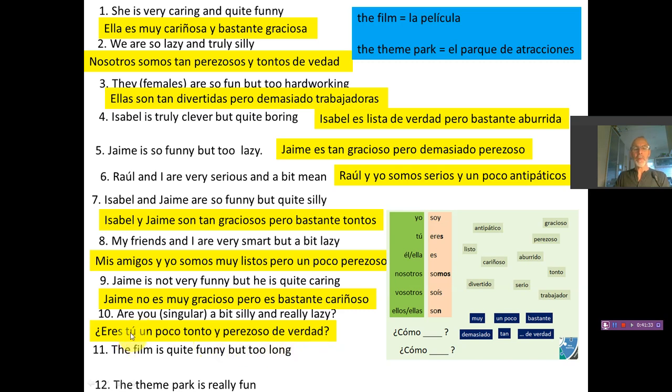You can put the tú in afterwards. So what you've actually done is you've switched the position of tú and eres. So tú eres means you are, and you can move that to the front and say eres tú, and then it's clear that it's a question. But again, you don't need the tú, and you could just say eres un poco tonto y perezoso de verdad.